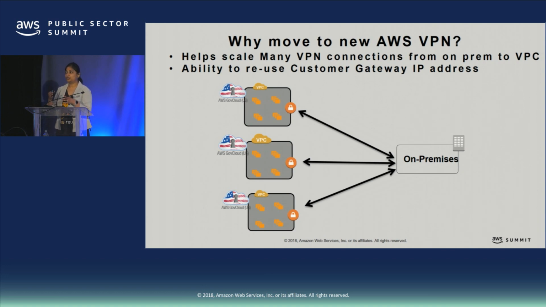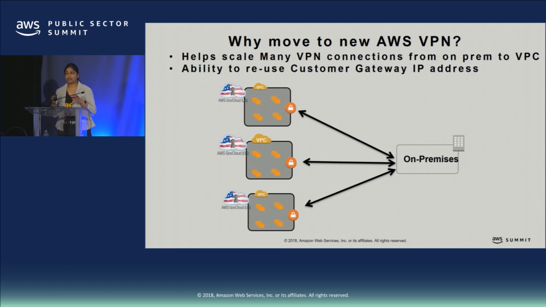That is, the 169.254 used to repeat after a few tunnels. But with the new VPN connection, since you have the ability to define your tunnel IP addressing, that issue will no longer occur.